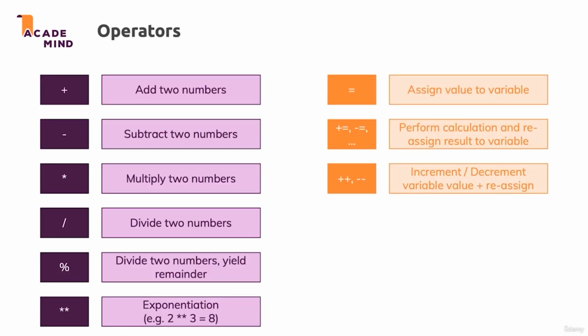So by now we actually had a look at a lot of different operators which we need in different situations in our code. Arithmetic operators for calculations with numbers, or in the case of the plus operator also with strings, and also the assignment operator and these shorthands for incrementing or decrementing numbers, or for quickly assigning the result of a calculation with the plus or minus and so on operator. So these are things we had a look at.